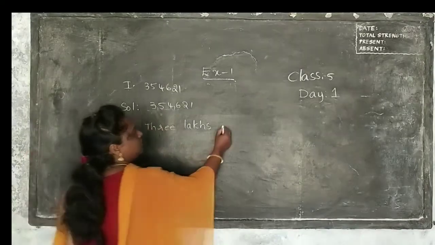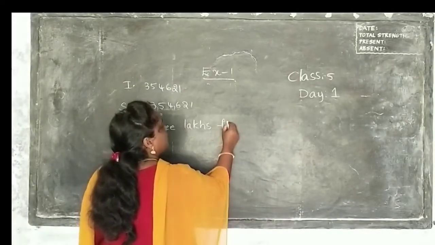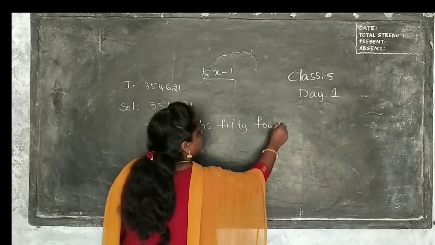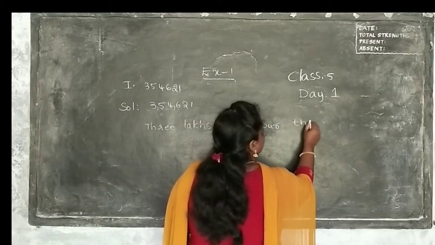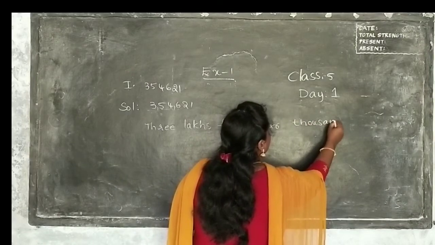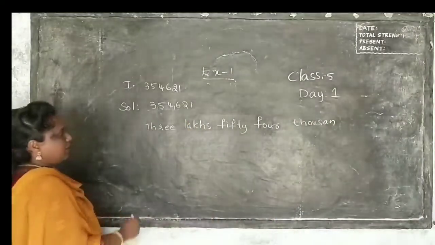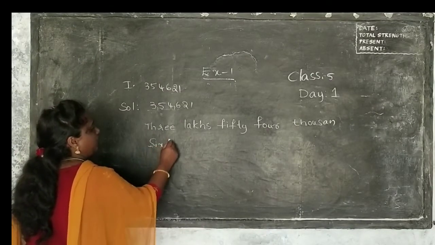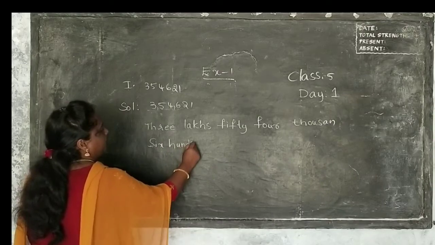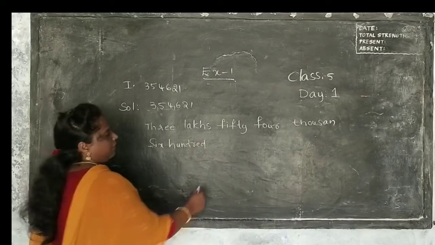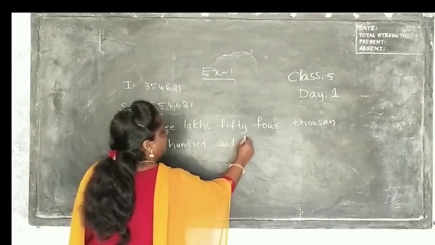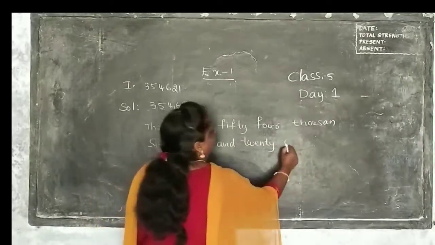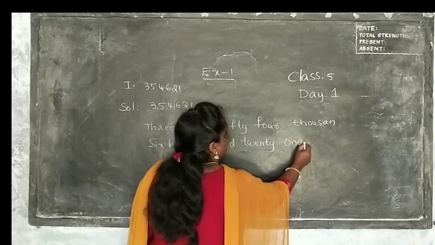Next one, thousands: 54,000. 621: 600 and 21.